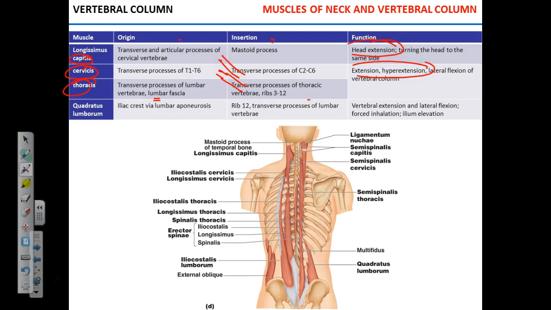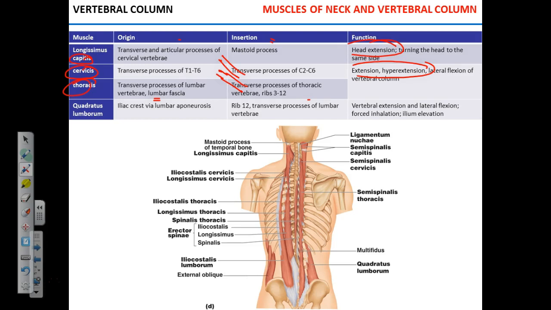What I'm trying to say is that in this case also the lower part of the muscle has the insertion where the upper part of the muscle originates. So they go like this. If my fingers are insertion, they go like this. So when you pull on those muscles, especially cervicis and thoracic part, they can do either this or they can do this. Are we good about that?